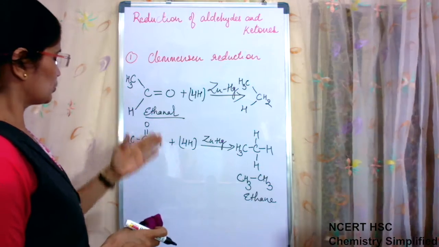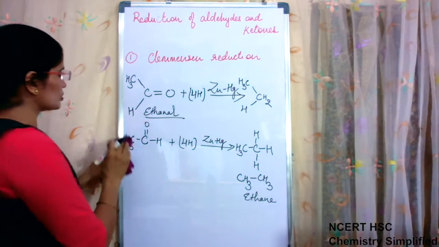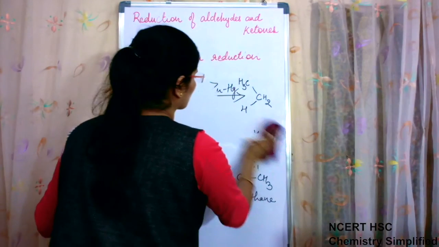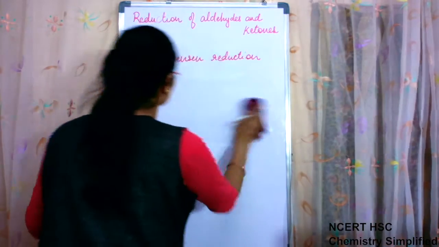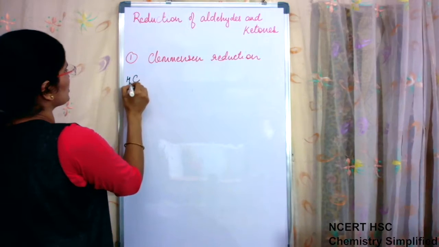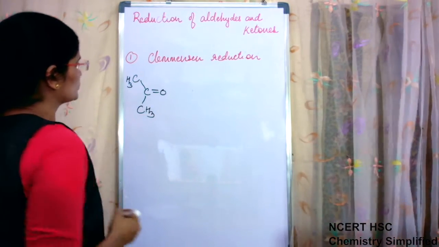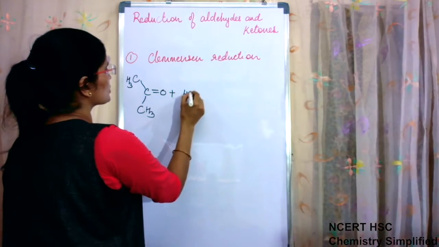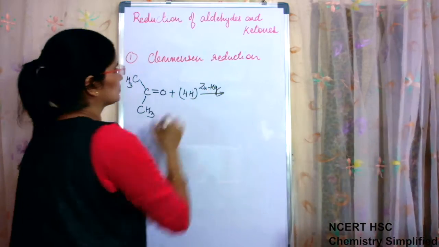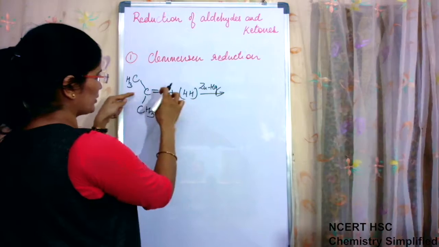In the same way ketones can also be converted. Let us take one example with a ketone also, that is CH3C double bond O CH3. When reduced by zinc amalgam, the double bond O will be lost and two hydrogens will be added.